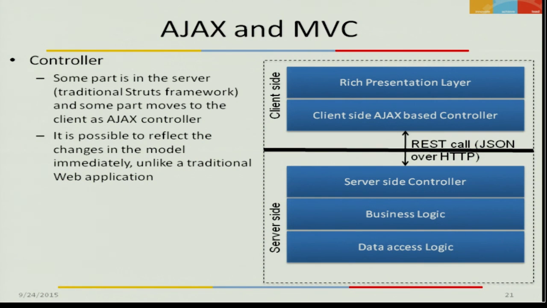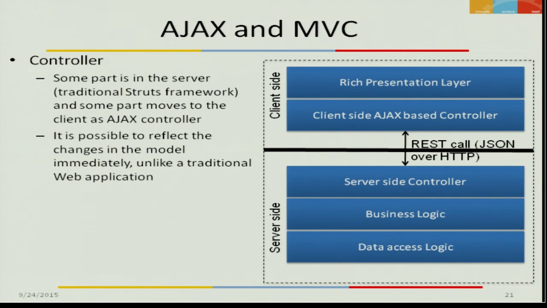Here, because of the AJAX model, when there's a change in the model, AJAX, because it works as an asynchronous approach, gets a notification from the model part, and in fact the model can also notify the view directly.